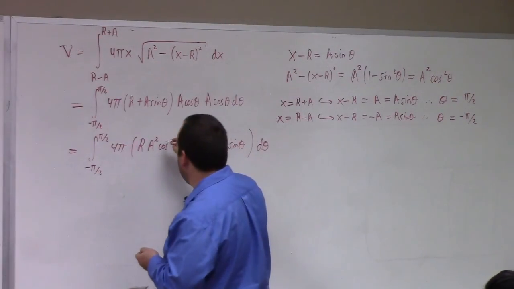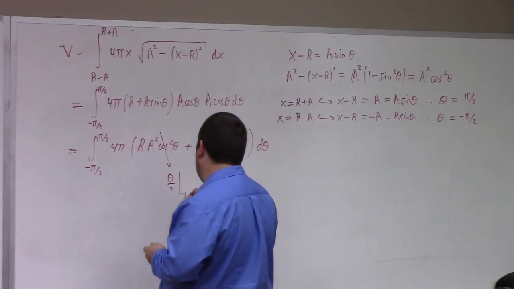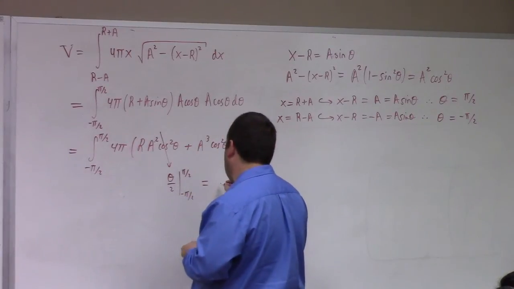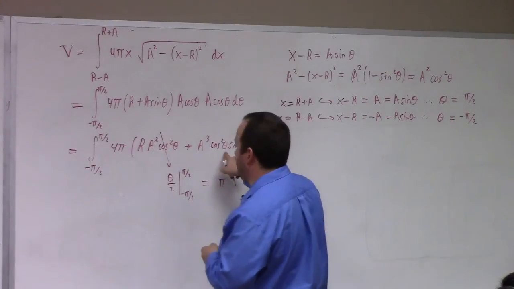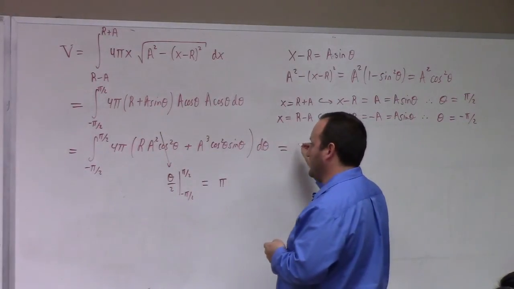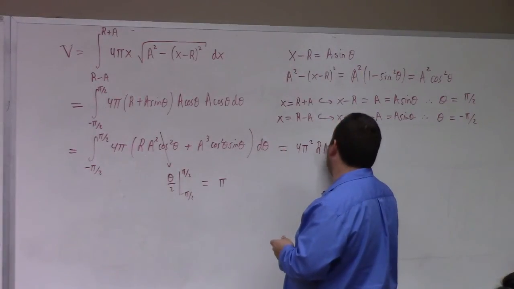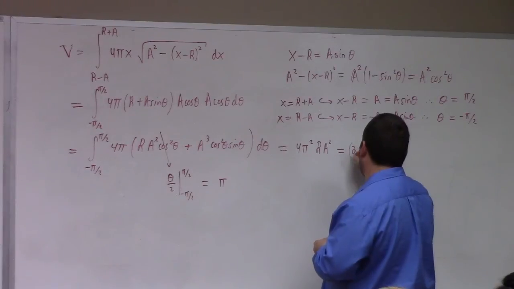So basically this ends up integrating to theta over 2, evaluated from minus pi over 2 to pi over 2. And so that, of course, gives you pi. This other piece ends up integrating to 0, and you're just left with 4 pi squared r a squared. Or in other words, 2 pi r times 2 pi a.